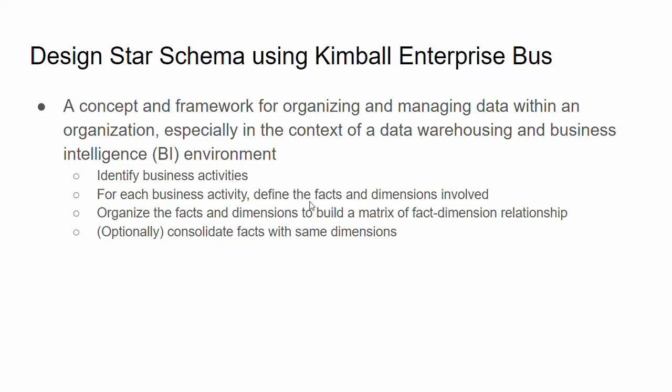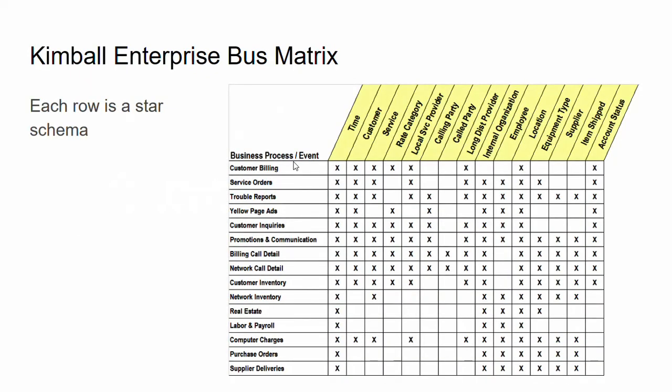Then you will organize the facts and dimensions to build a matrix of fact-dimension relationships, and you will optionally consolidate facts with the same dimensions. For example, here, each row is a business process like customer billing, and what attributes can be used in describing this event.